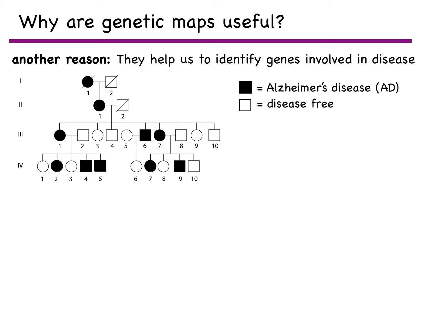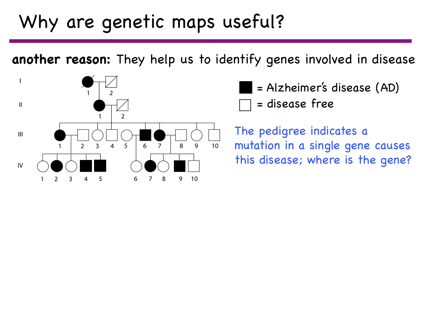If you look at this pedigree, based on what you learned in the first half of the class, it says that there is a mutation in a single gene that seems to cause this disease. You can also look at the pedigree to infer the inheritance pattern. For example, it seems to be consistent with an autosomal dominant pattern of inheritance.